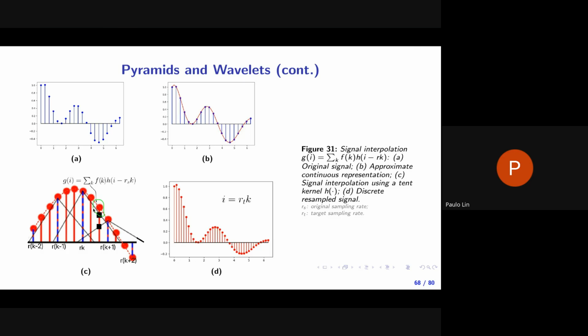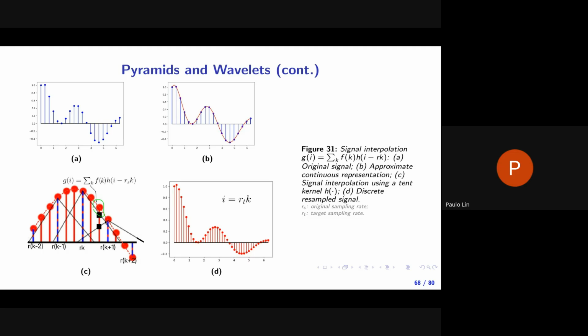We want to know the value of this point, and for that we use these two points, this part of the figure and the other one, this part of the figure, and we want to know how can we mix or how can we use these two points to obtain this value, which is not defined in the original signal.